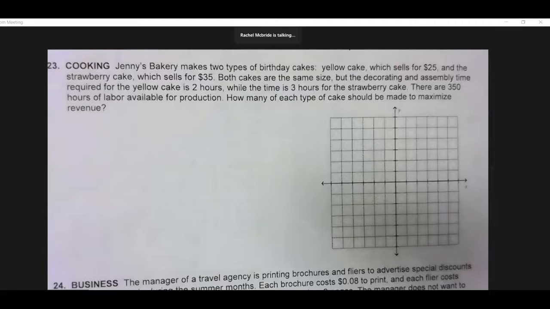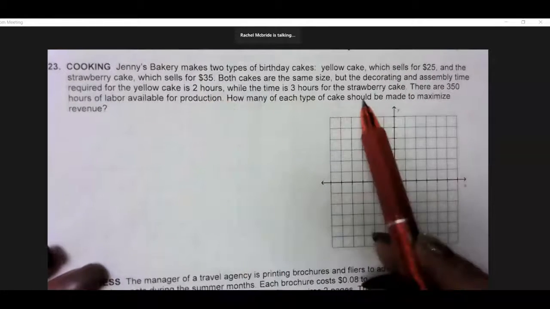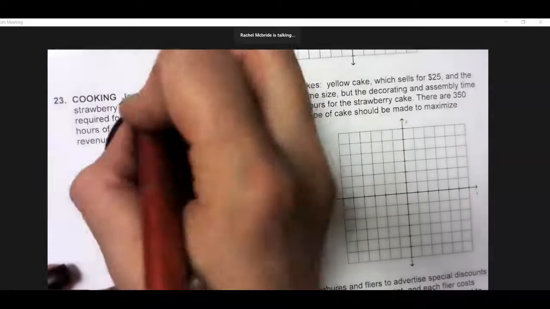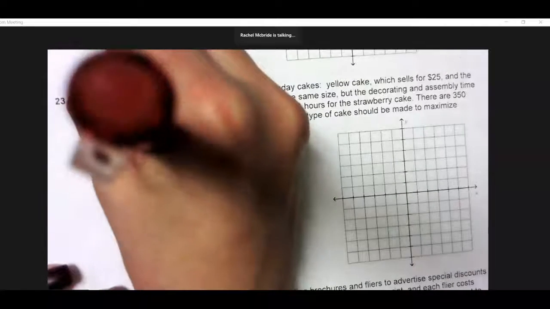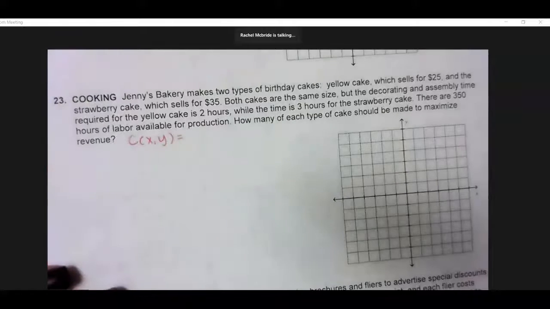So this problem starts a little bit differently than the other problems. The problem actually begins by giving you the objective function, because it's giving you the cost and you're trying to maximize revenue. So the cost is going to maximize her revenue.